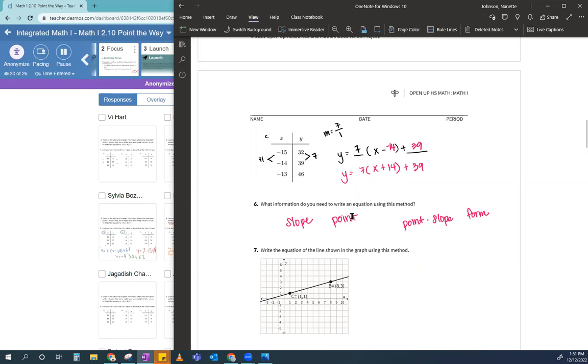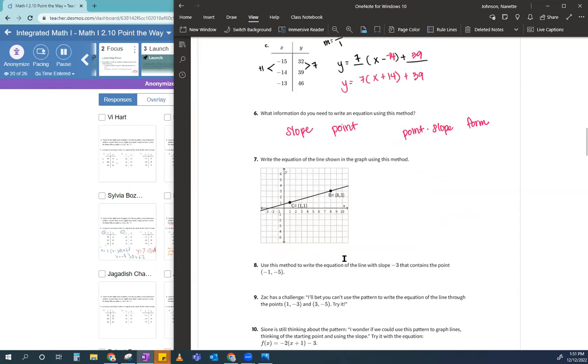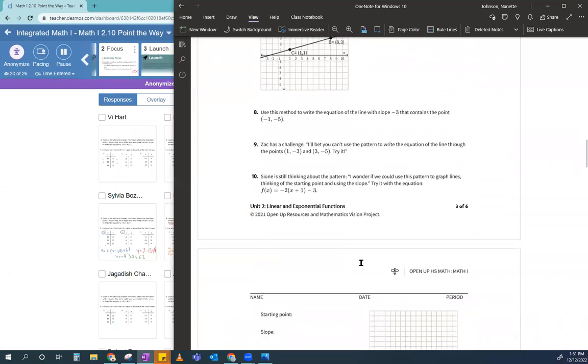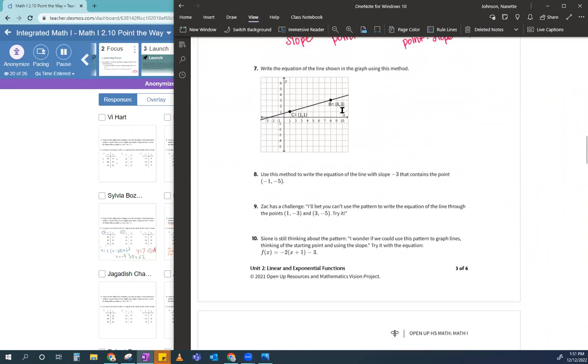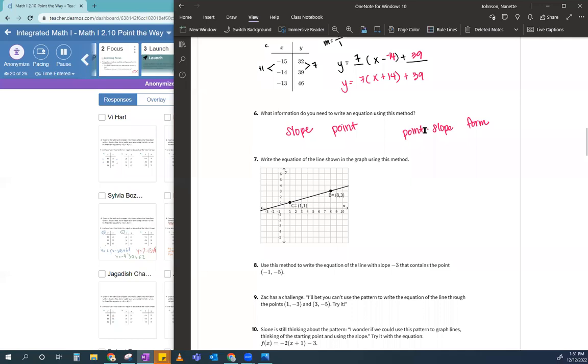I don't know why, but it just doesn't run as smoothly off my tongue as point slope form. Okay, so for the rest of this lesson, all you're doing is writing that equation over and over and over again. So your job today is to finish this lesson and make sure that you're fluent with using point slope formula.